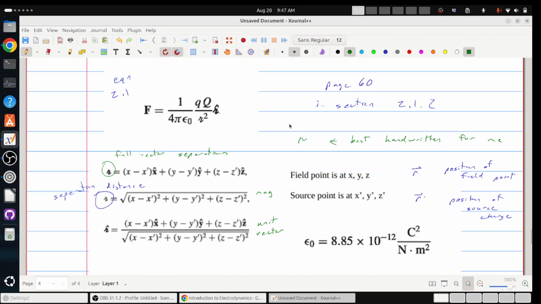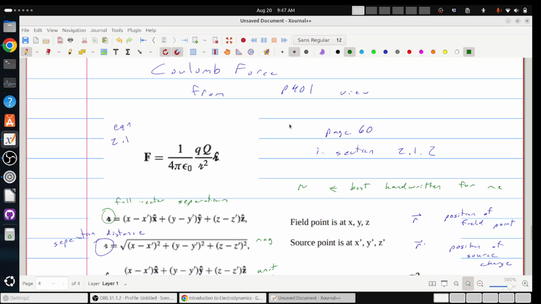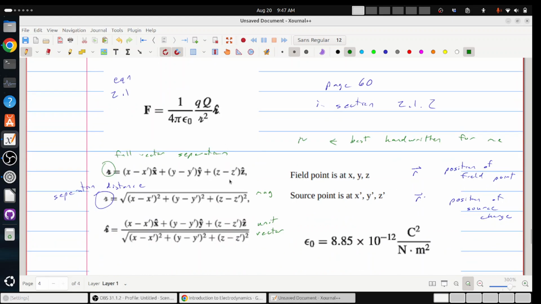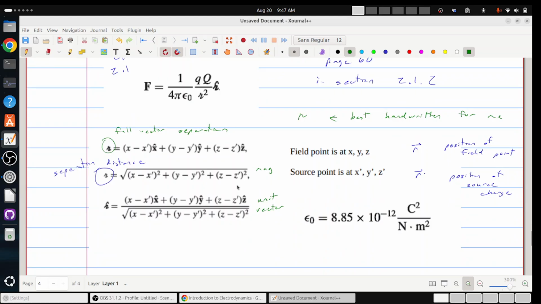So that's where I'm going to stop for this video, just going through and talking about this equation and where things came from. Now, I will also mention that this vector stuff in here, which we'll cover more next time, came from chapter 1.